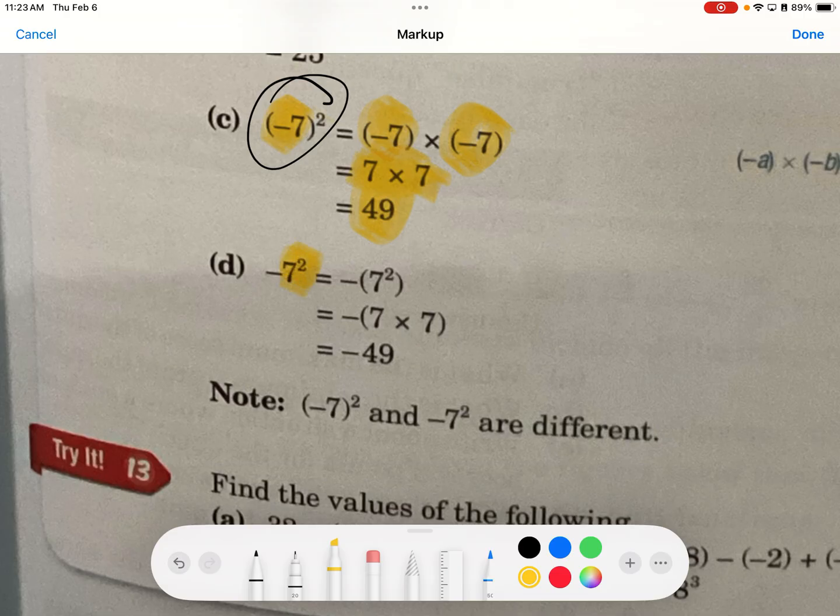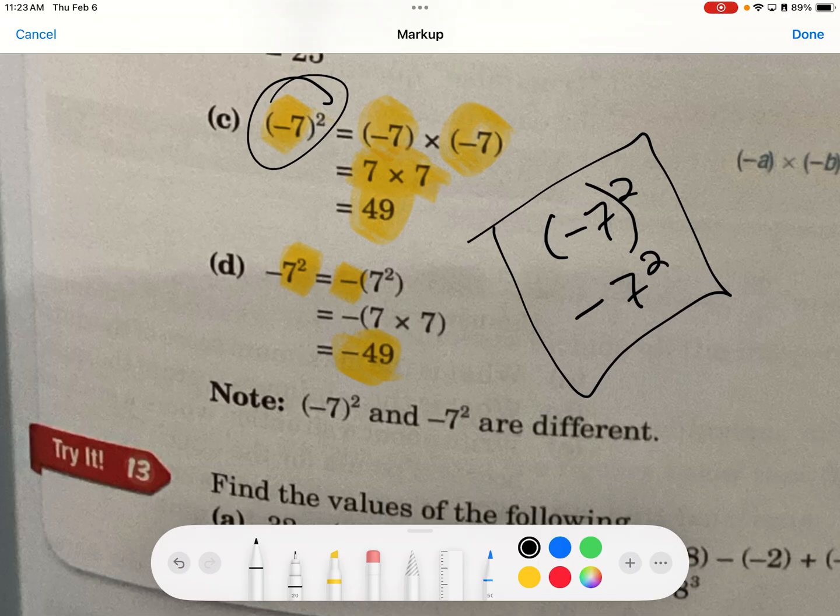Here, we're doing the negative of 7 squared. 7 squared is 49. We have to put that negative sign. So this parentheses matters. Do you see how these are not the same?